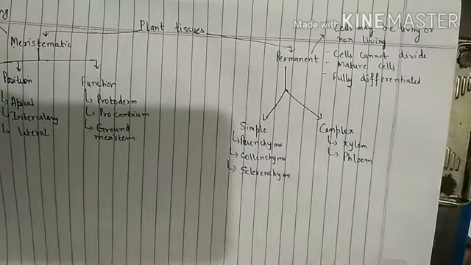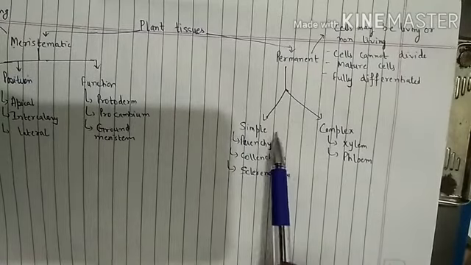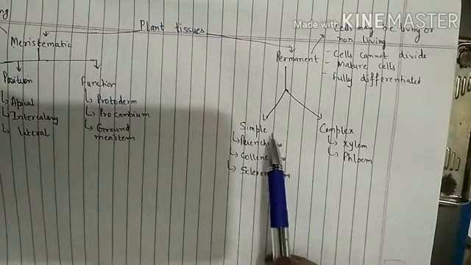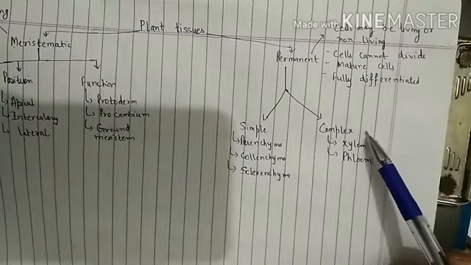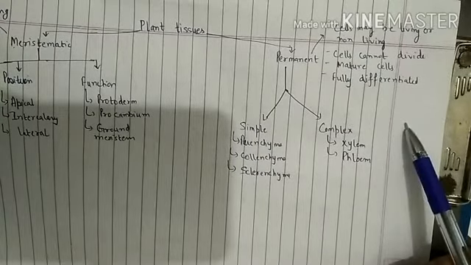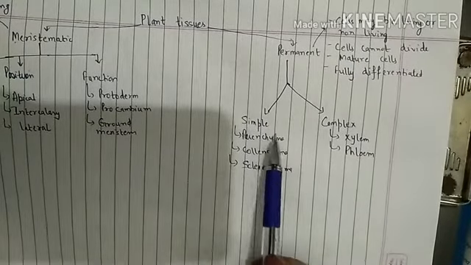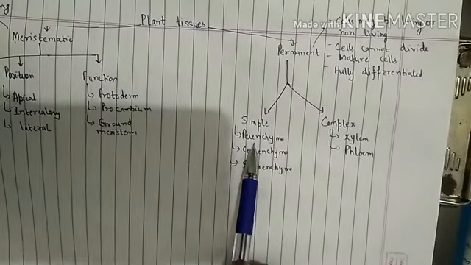There are two types of permanent tissues, that is simple permanent tissue and complex permanent tissue. Simple permanent tissue consists of only one type of cells, and complex permanent tissue consists of a number of types of cells.